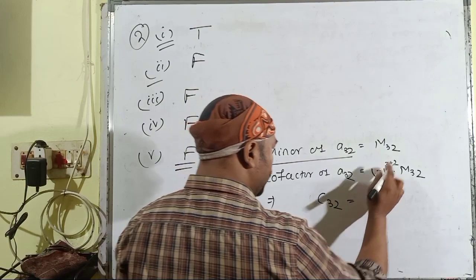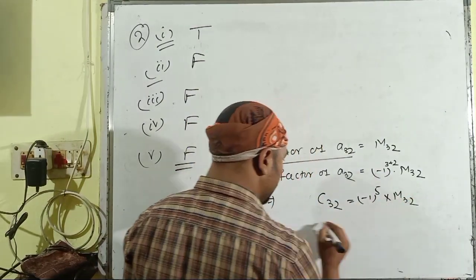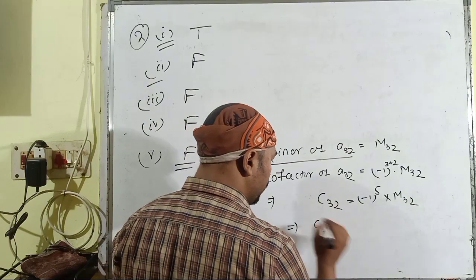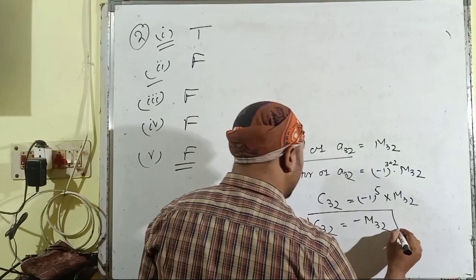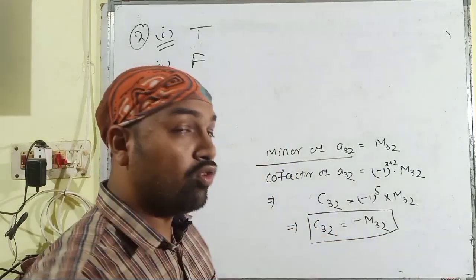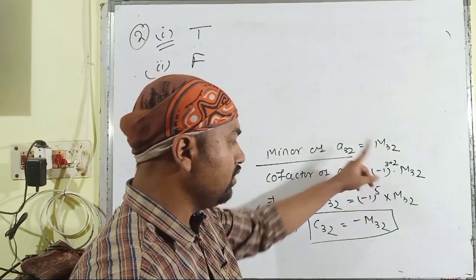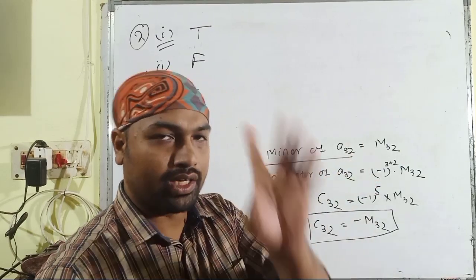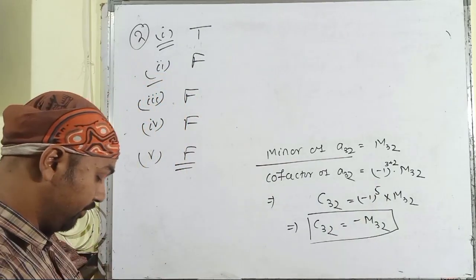So this is minus 1 to the power 5 multiplied with M32. Then C32 is equal to minus M32. They have the same value but the opposite sign. If the minor has a positive sign, then the cofactor will be negative. So they are not equal with each other. That means this is false.